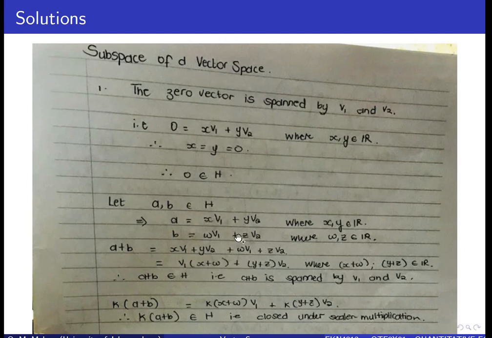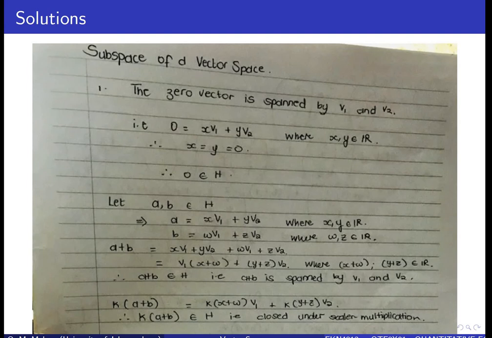And I take v2 as a common factor, I add y plus z. y and z are scalars, the sum should also be a scalar. So clearly, a plus b is spanned by v1 and v2, where x plus w and y plus z are scalars. So we conclude that a plus b is in H.